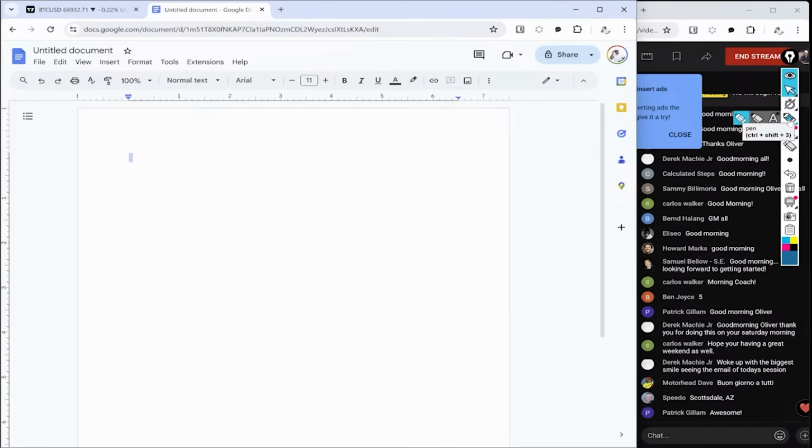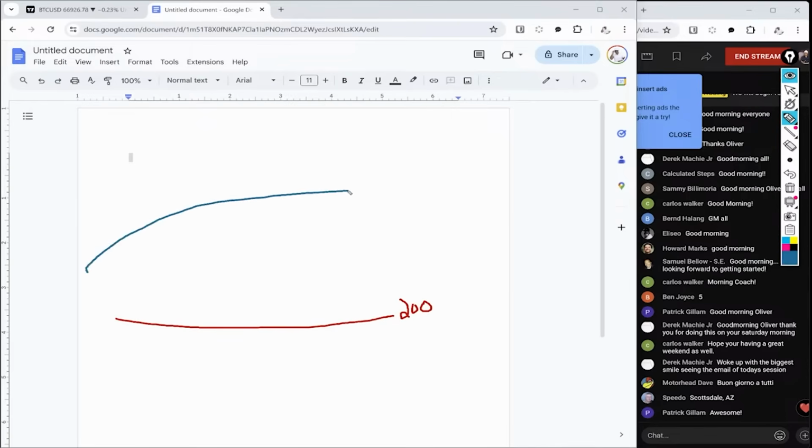The first thing I want you to know is that the most common trap zone is the trap zone between your two key moving averages. So let's say you have a 200 here and you have sort of like a 20 here.